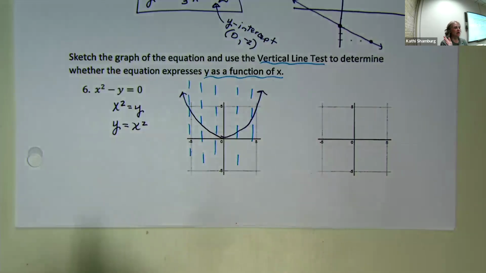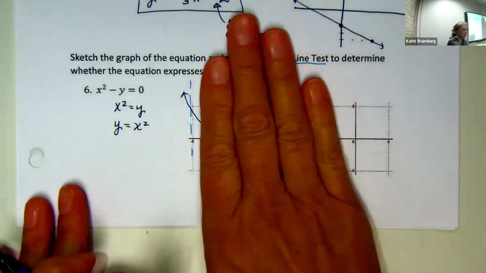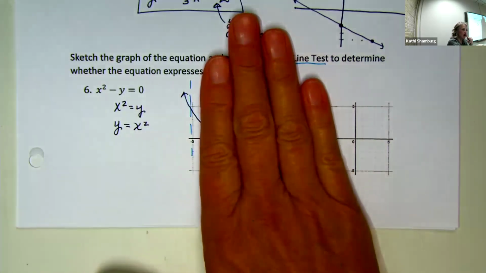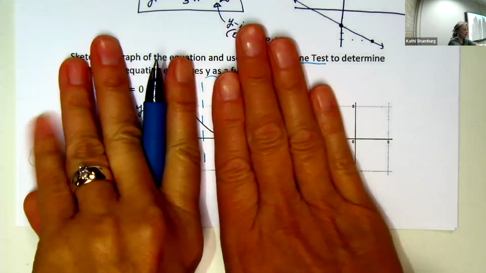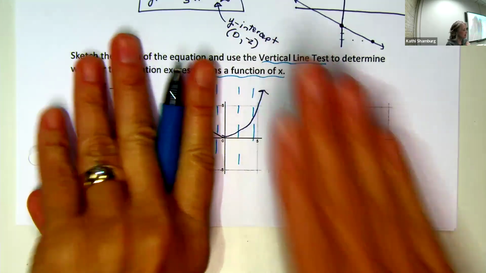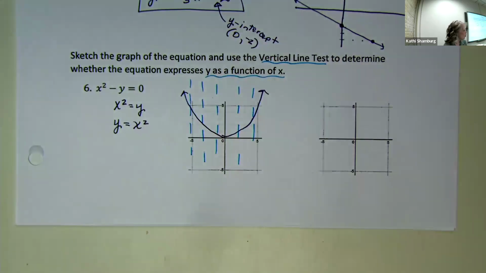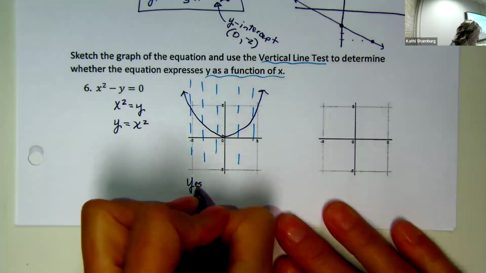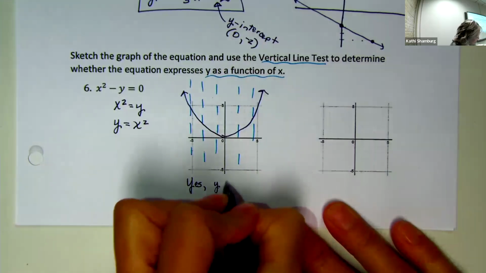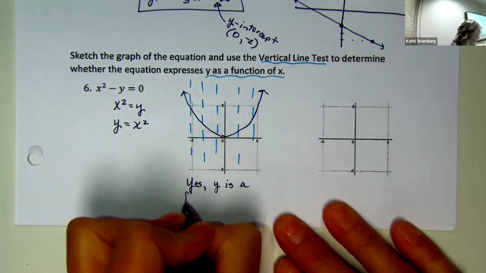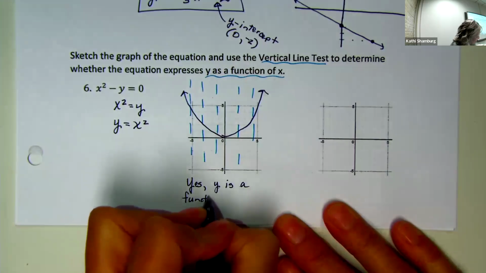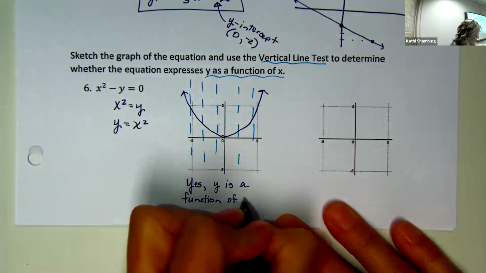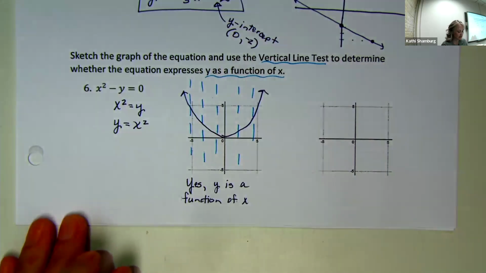Each of those lines individually, how often does it intersect my graph? Just one time. If it intersects just one time, then I can answer yes, y is a function of x. That's the vertical line test.